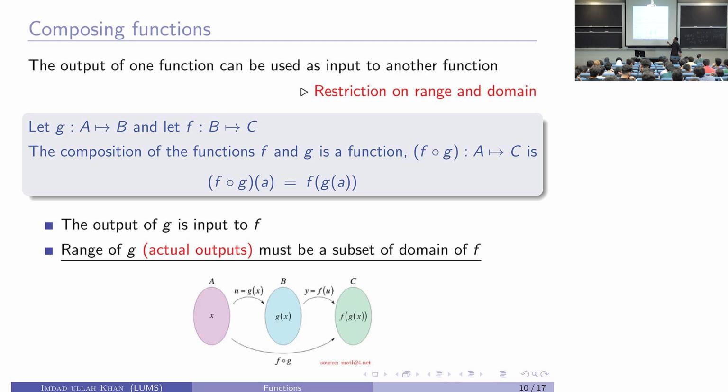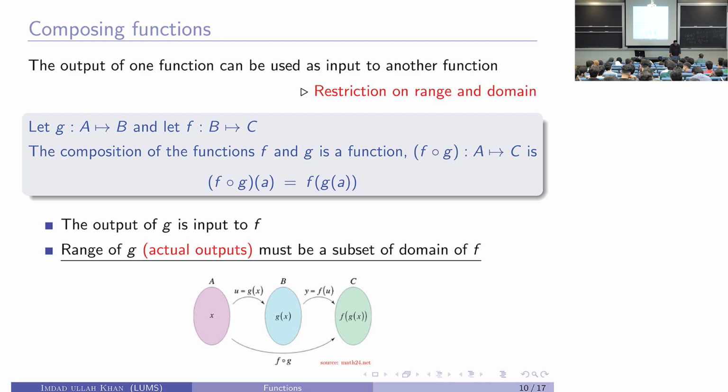So f composed with g, the composition of the function f with g, written f circle g, what is it called? F composed with g, okay. So in LaTeX you write f backslash circ, you will get this small circle. So f composed with g.